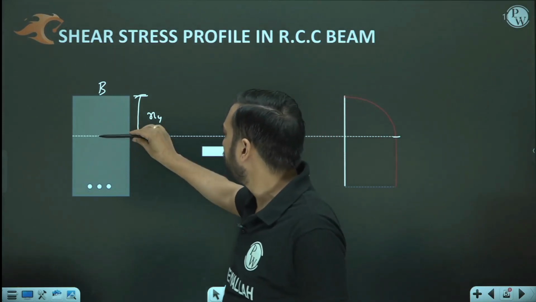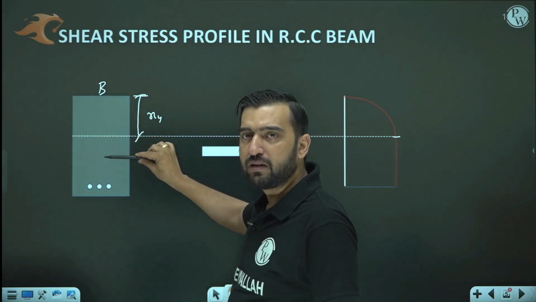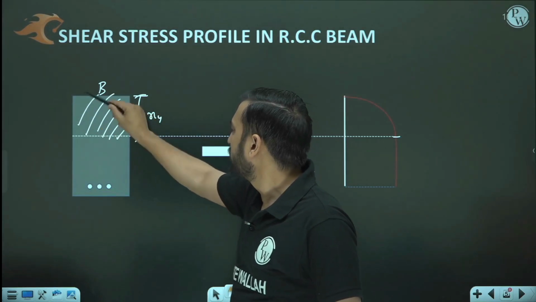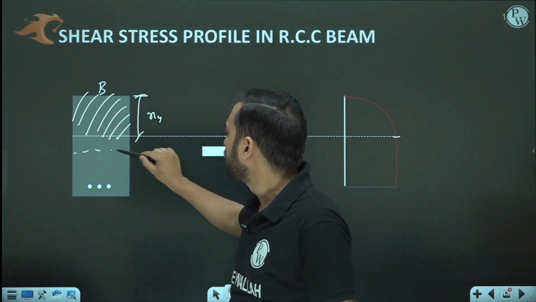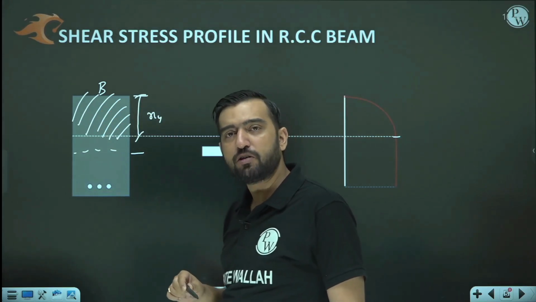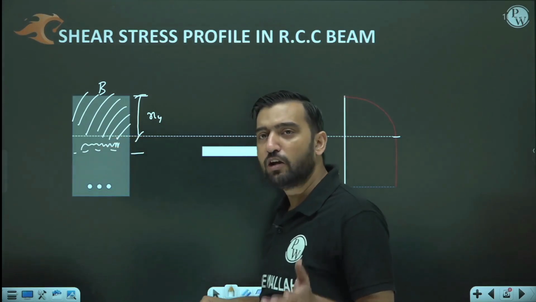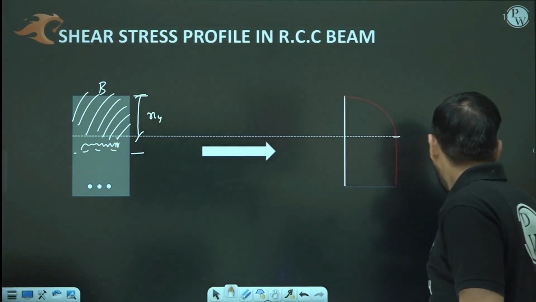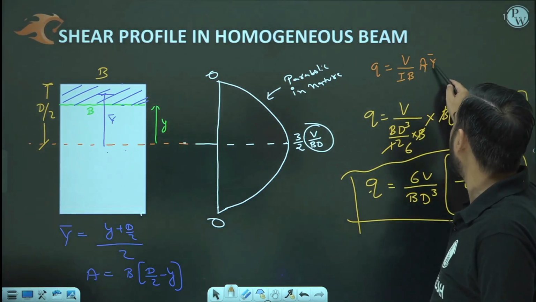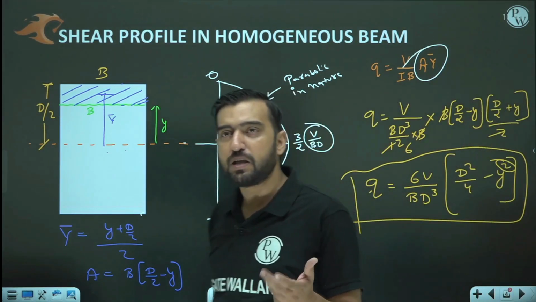If we calculate the value of A into Y bar here and A into Y bar here, the captured area is going to be this much only, because even if you calculate at this level, A into Y bar is still the shaded area only. Are you getting it or not? Because in this zone concrete is not effective, so the value of A into Y bar is not going to change. And you see here that V is same, I is same, B is same, and area into Y bar is the only factor due to which your actual stress distribution is taking place.